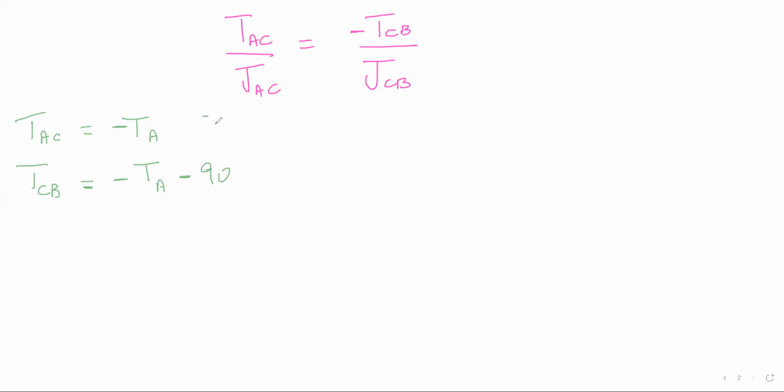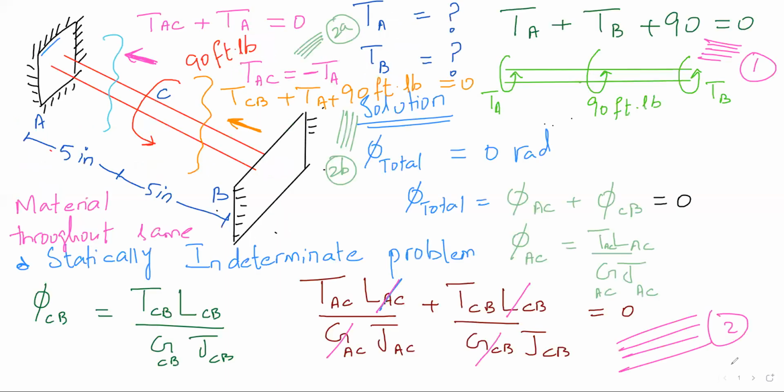Okay, I call this my 2A and this my 2B. I will go back and substitute in equation 2. Sorry, we made a mistake with the sign, because when you equate it, T and T are going to cancel out.